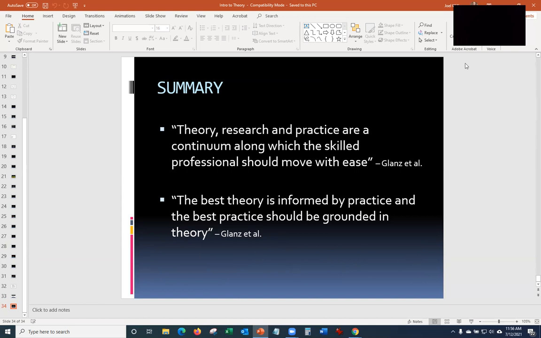Her quotes are just reiterating for us that we should take theory and model very seriously in our research and in our practice. And we should be very vigilant in how we go about using these so that we can do better work and ultimately advance the field.